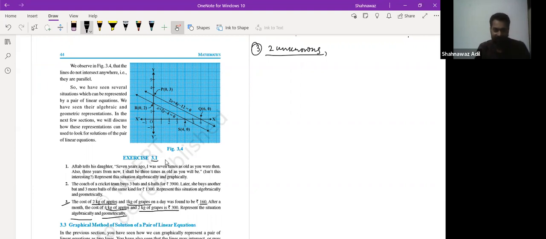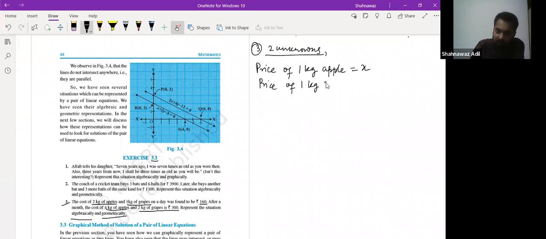So the price of 1 kg of apple is x. Am I right, Rizwan? Yes, sir. So price of 1 kg apple. And what will be the second unknown? Price of 1 kg of grapes, y.